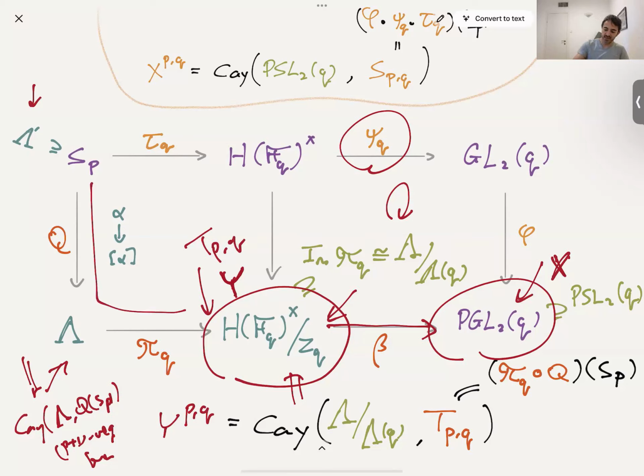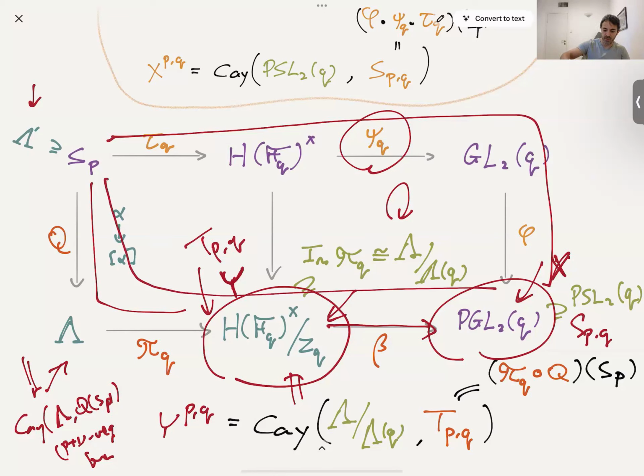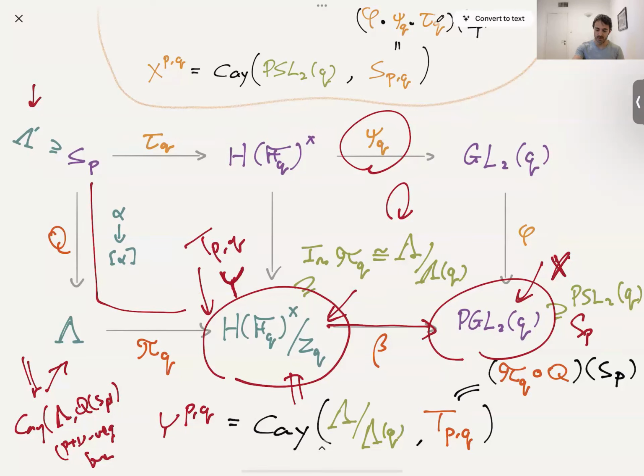And SPQ is here. It's the image of SPQ under these maps, but it's also, because of the commutativity of the diagram, the image under going through the bottom part of the diagram, which really just means that SPQ is a beta of tau PQ. It's a mess.